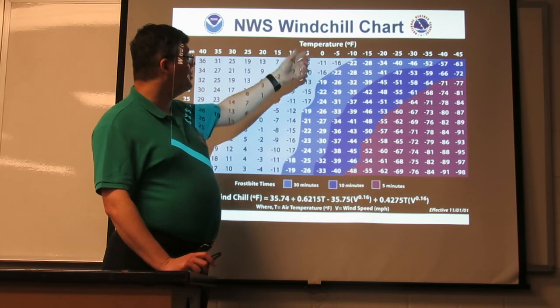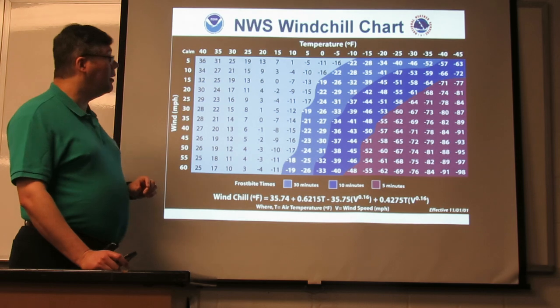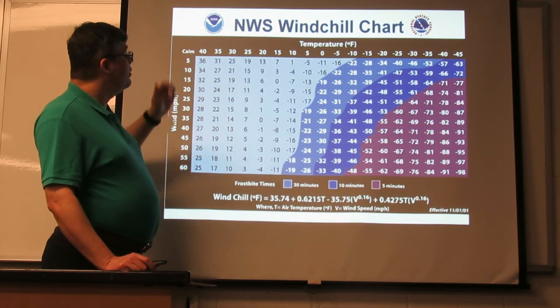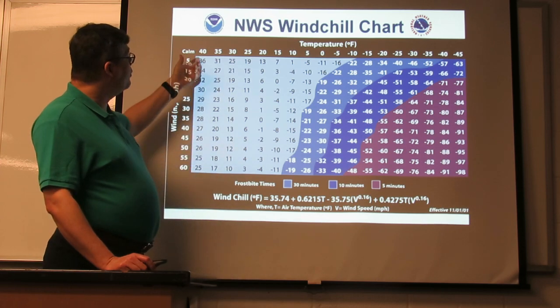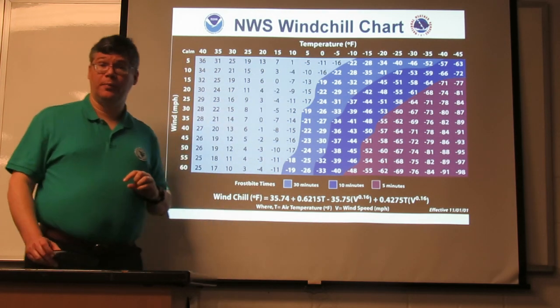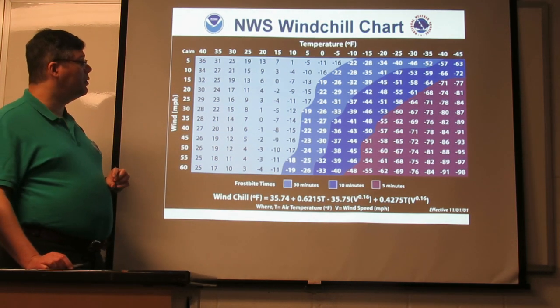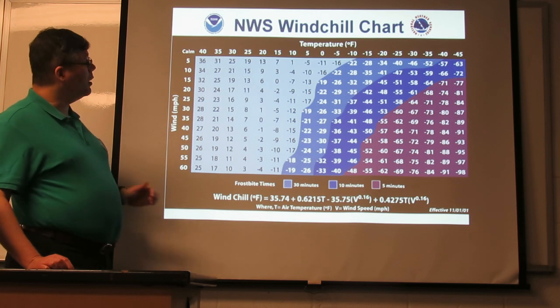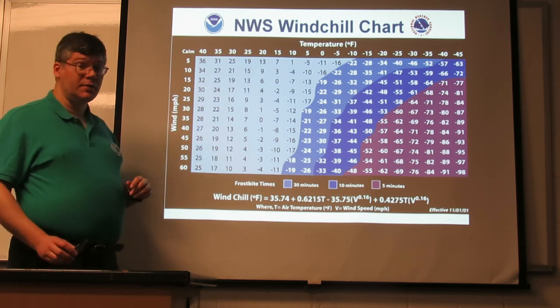If it's all the way down at 0 Fahrenheit, then that, instead of making it feel 4 degrees Fahrenheit colder, makes it feel 11 degrees colder. Noticeable difference there. And of course, faster wind does make you feel colder.